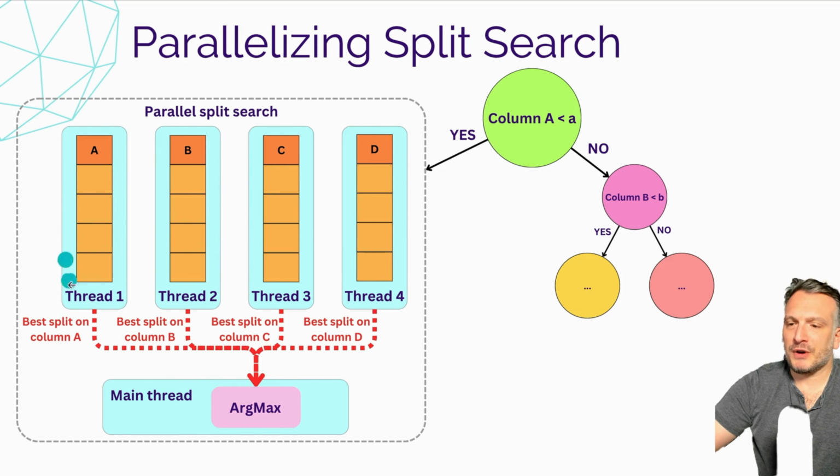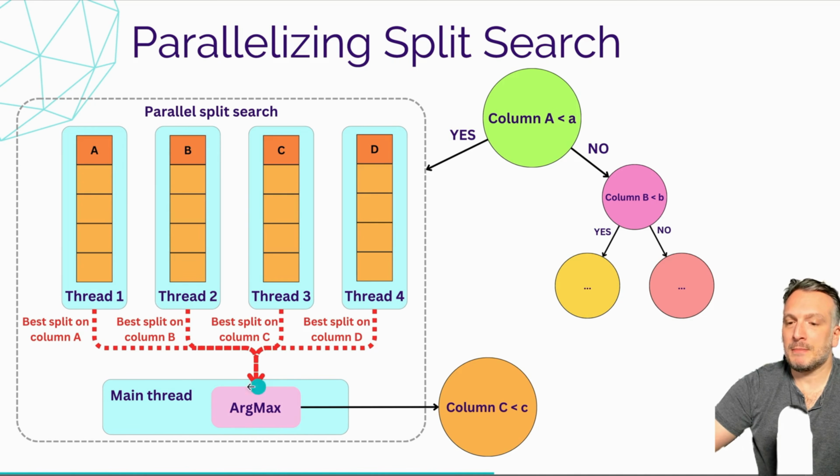So each of the threads is going to provide the best split on column A, the best split on column B, the best split on column C, the best split on column D. And in the main thread, we're going to sort out and find the split that is maximizing the difference between the loss functions of the parent and the children. And we could imagine that the resulting split is done on the column C with the value lowercase c.